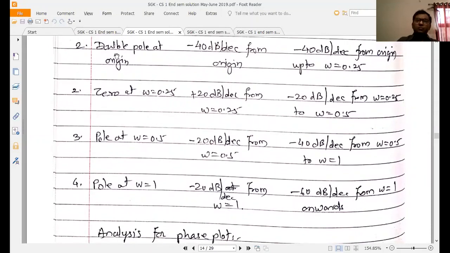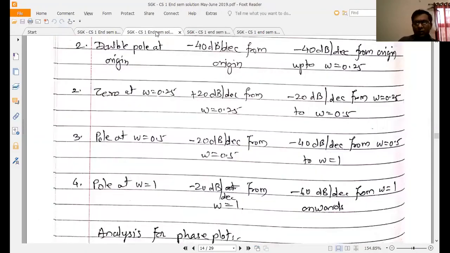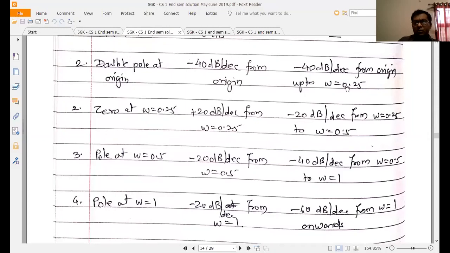Okay, so in this plot also you can see those things. Here up to 0.25, then this is 0.5, then this is 1, and afterwards after 1. These are 4 sections if you can see, right? So up to omega equal to 0.25, we have a slope of minus 40 dB per decade.